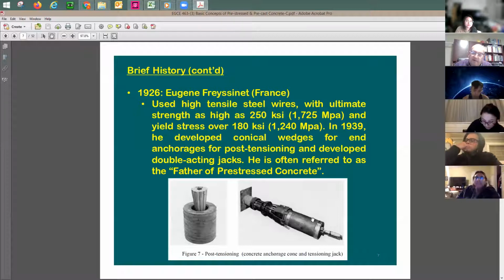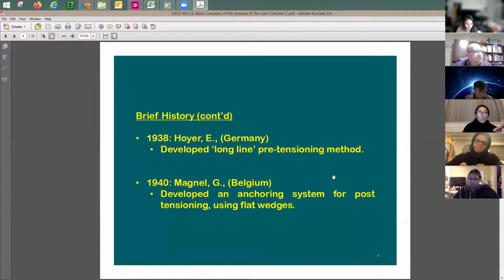But here, a 90-degree hook is not going to help you with the tendons or the cables. So you need to provide a kind of system or anchorage that you put at the end of the cable. So this guy here, Freyssinet, he invented this system, which is still used, but it is, of course, more modern now, and it has evolved.